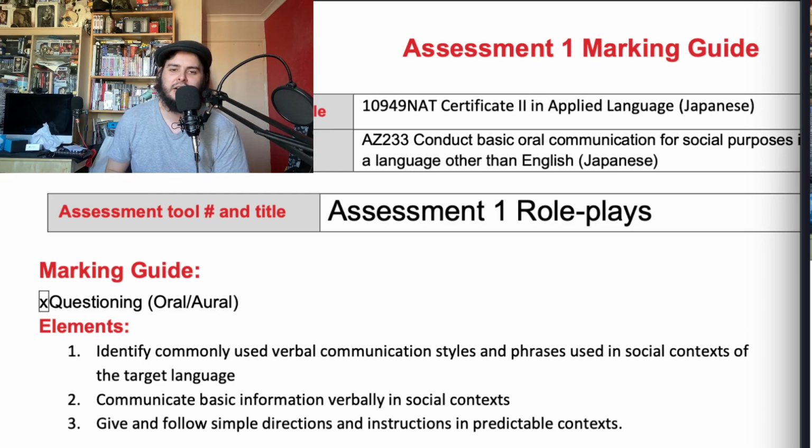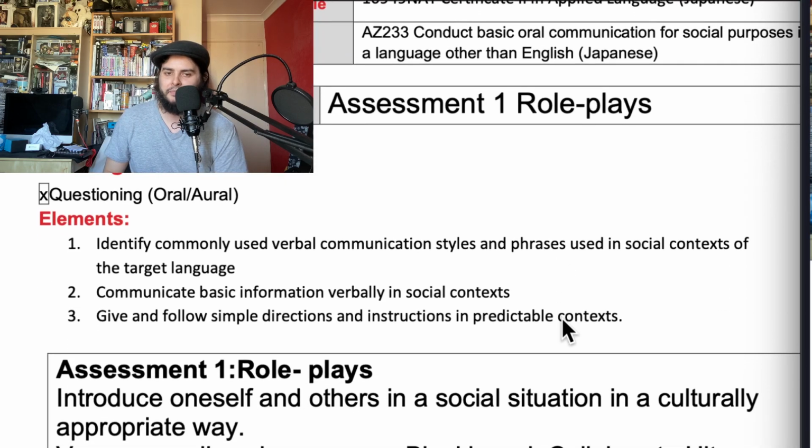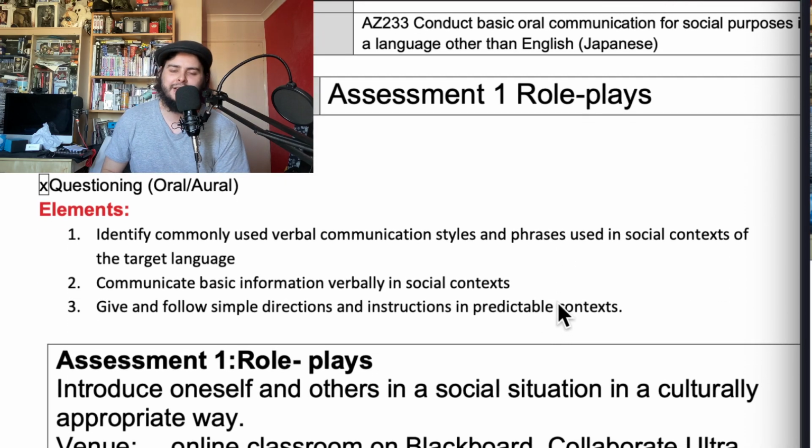So, this is what we'll be doing today. Identify commonly used verbal communication styles and phrases used in social context of the target language. 2. Communicate basic information verbally in social context.